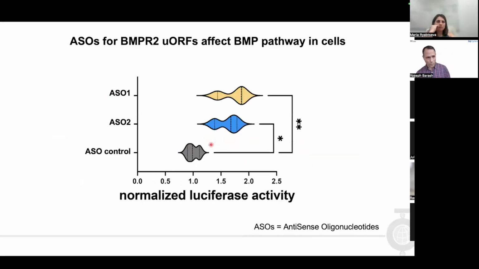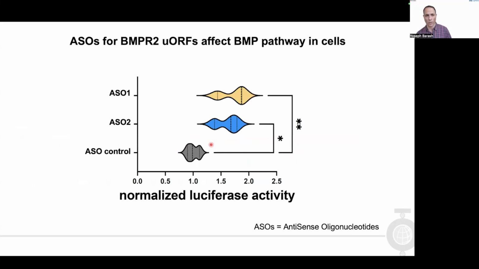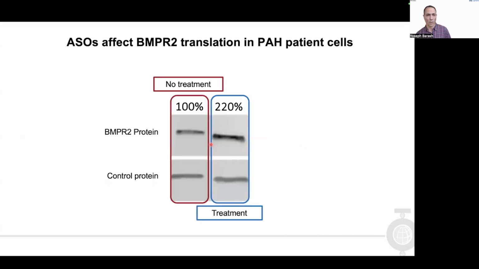We also measured the effect with luciferase assays when we targeted this with ASOs, and we saw a similar trend. We went to patient cells from a database that happened to be conveniently at Penn, so that made the process much easier.